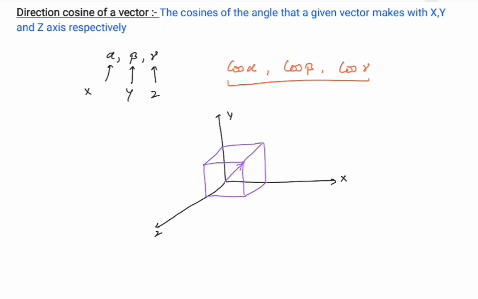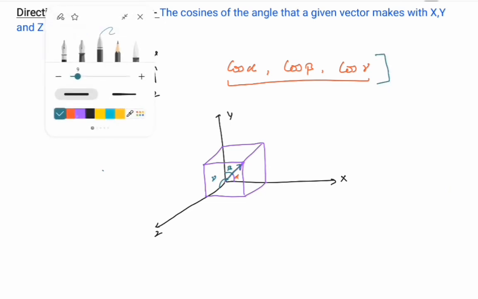This given vector makes angle alpha from the x-axis, from the y-axis it makes angle of beta, and from the z-axis it makes angle of gamma. The given vector makes alpha, beta, gamma respectively from the x, y, z. Then we will write these as the direction cosines of the given vector.